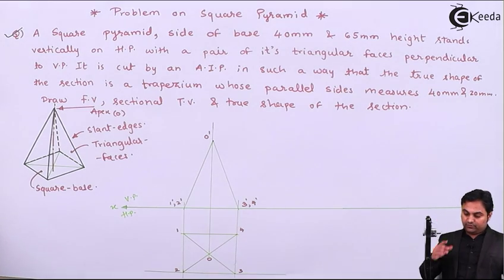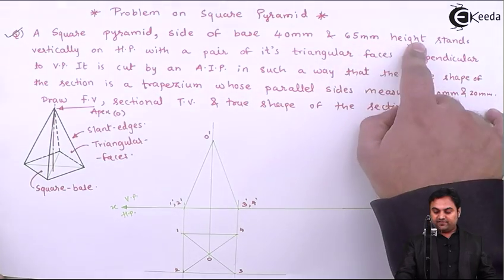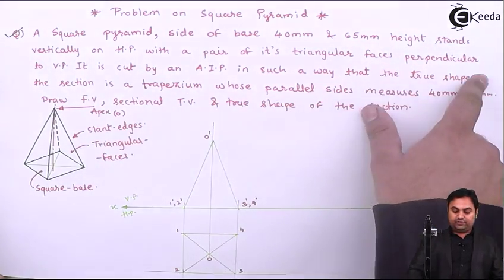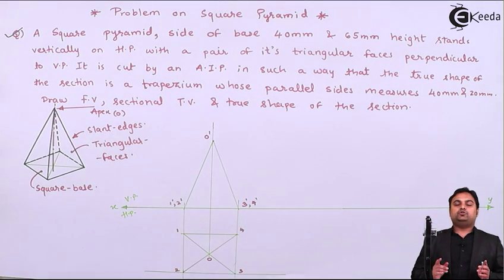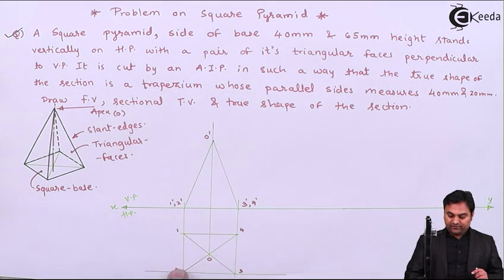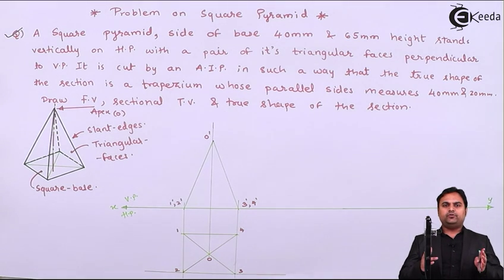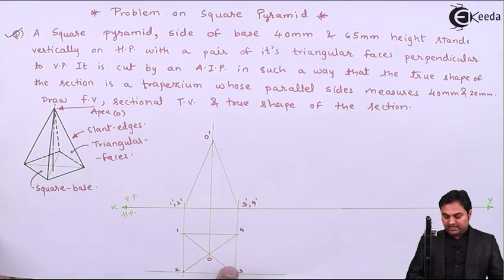Now in the question it is given that the square pyramid, side of base 40 mm, 65 mm height, stands vertically on HP with a pair of its triangular faces perpendicular to VP. So two triangular faces should be perpendicular. Now what are those triangular faces? They are triangular faces 1, 2 and 3, 4. These two triangular faces are perpendicular to VP, whereas the triangular faces 1, 4 and 2, 3 are parallel to VP.